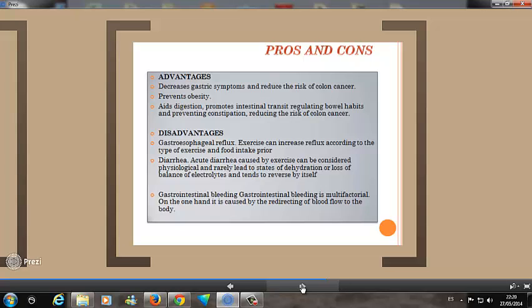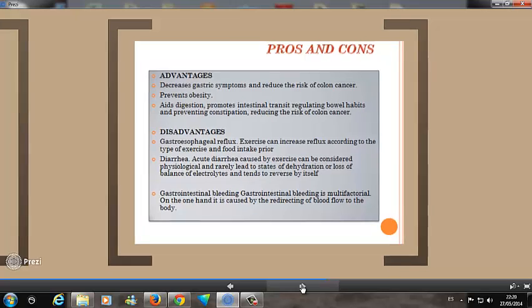Gastrointestinal bleeding is multifactorial. On the one hand, it is caused by the redirection of blood flow to the body.